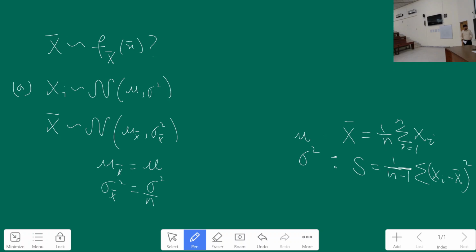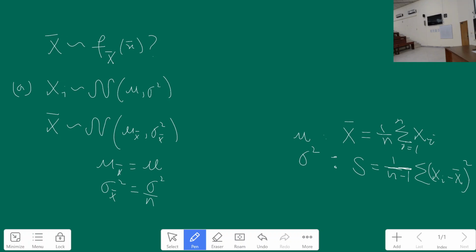So if the underlying data is Gaussian distributed with the same mean and variance, then the sample mean is also Gaussian distributed. Its mean is the same as the true mean, its variance is a bit different, sigma square by n. And you can show that.